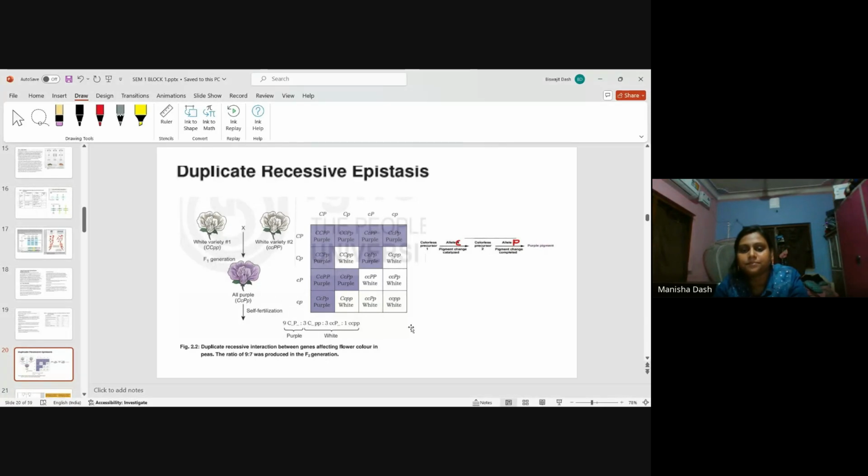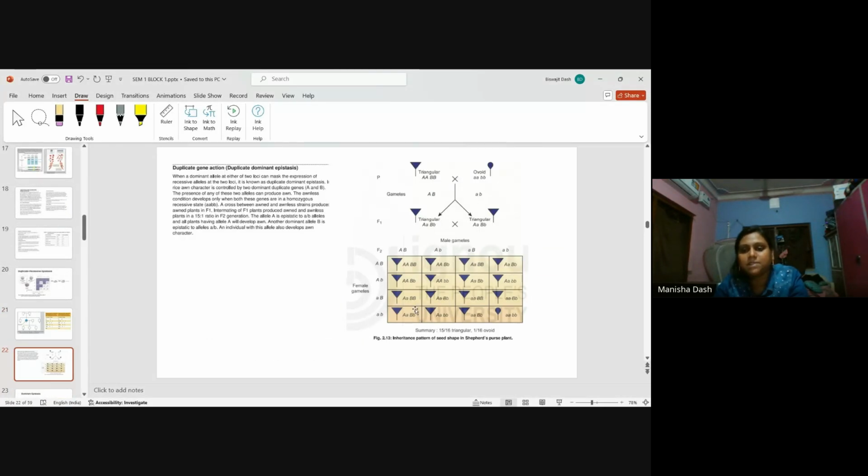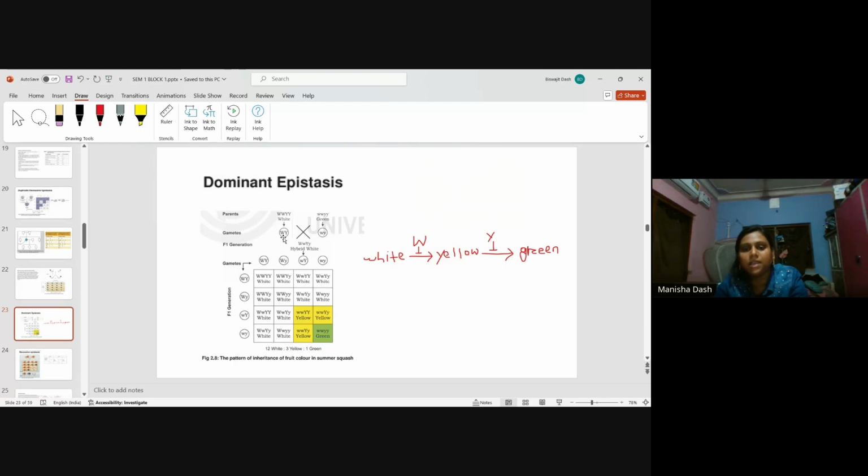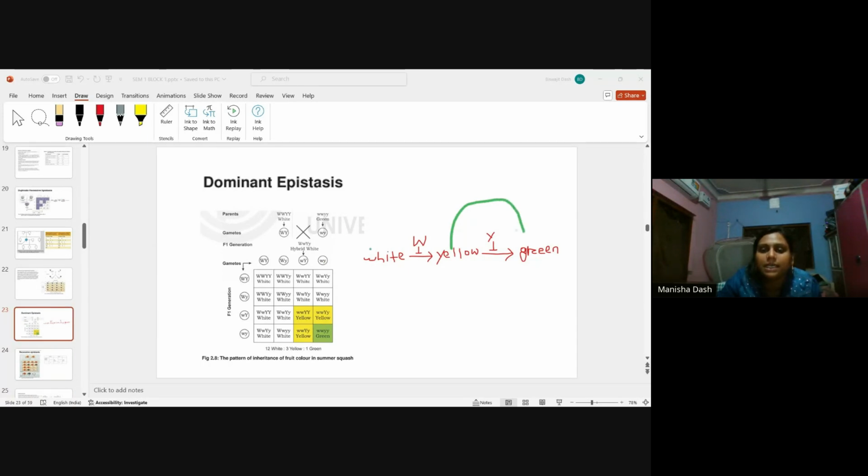Similarly, we have other types, like here. Capital W is inhibiting the conversion of white to yellow, and capital Y is inhibiting the conversion of yellow to green. So when we have a capital Y, we should expect a yellow phenotype, and when we have a capital W, we should expect a white phenotype.